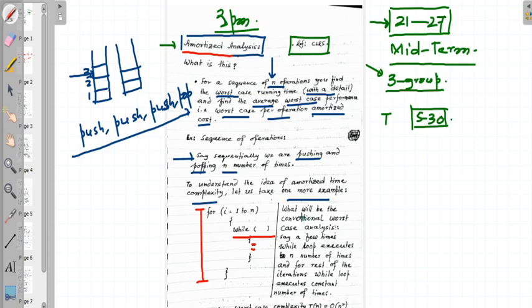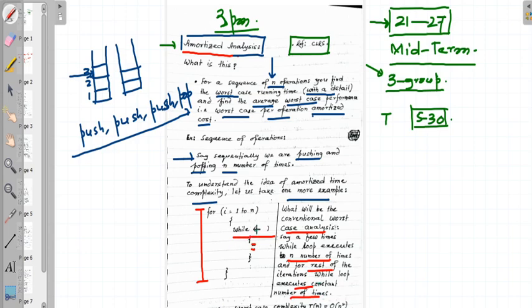So what will be the conventional worst case analysis for this hypothetical assumption? Say a few times the while loop executes n number of times, and for the rest of the iterations the while loop executes a constant number of times.